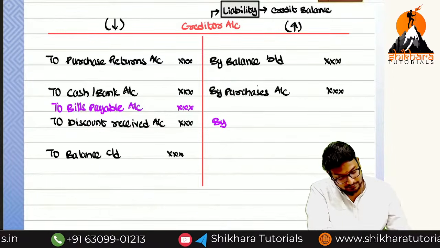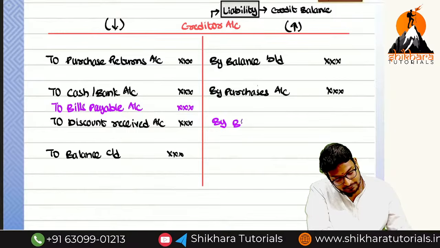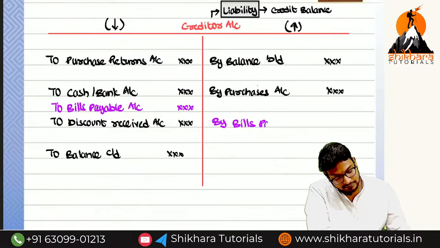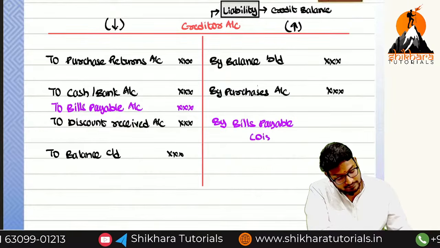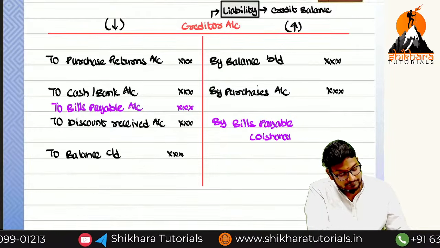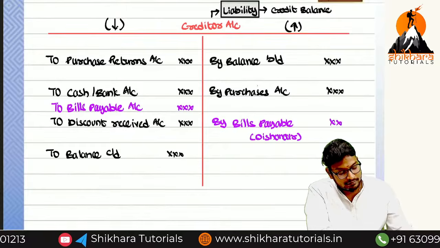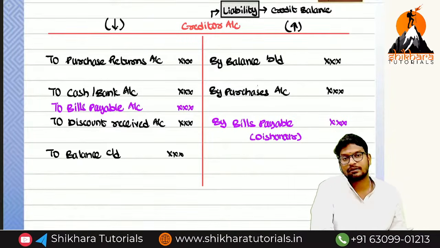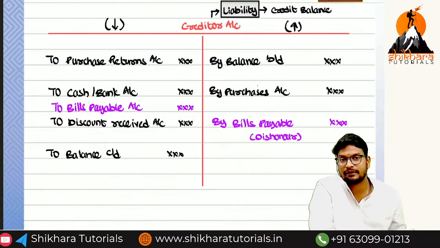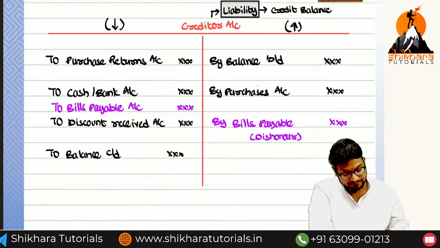The credit side, by bills payable, in brackets dishonor. If it is honored, it will not appear in the creditor account. Okay? Dishonor means in that situation only it is going to appear.